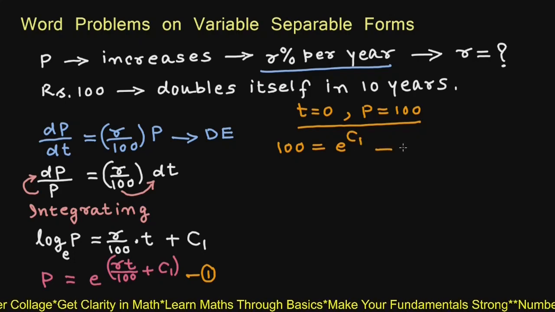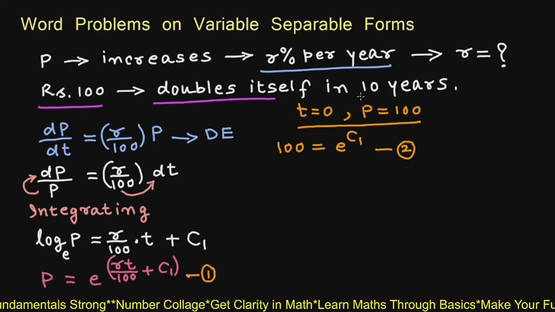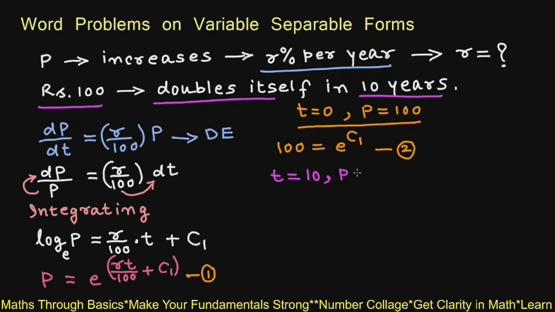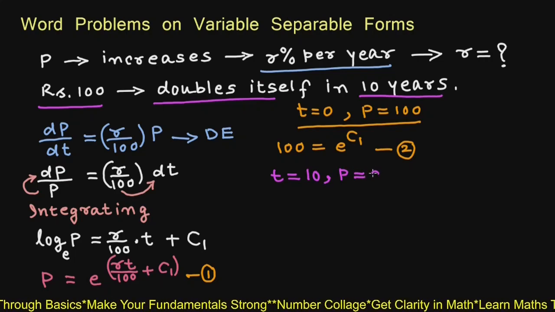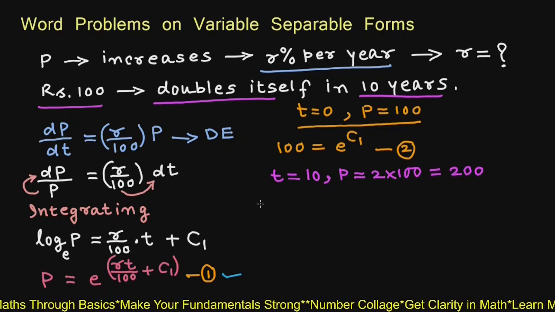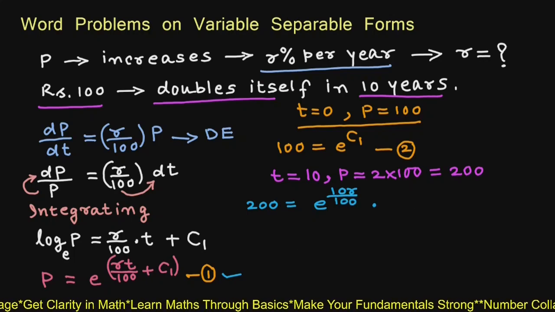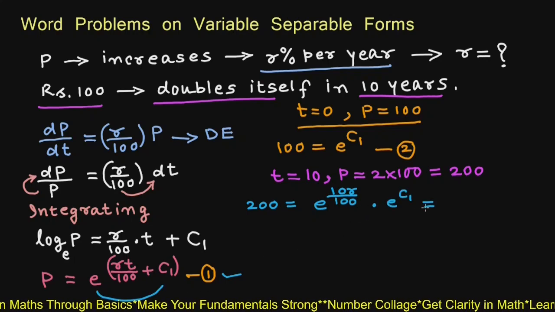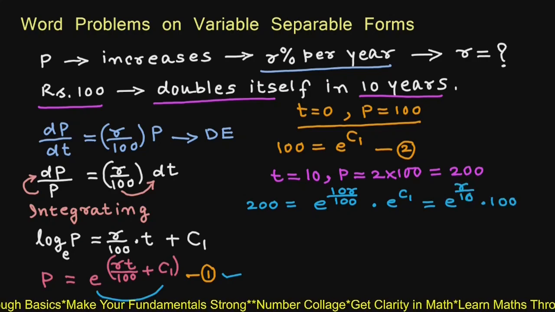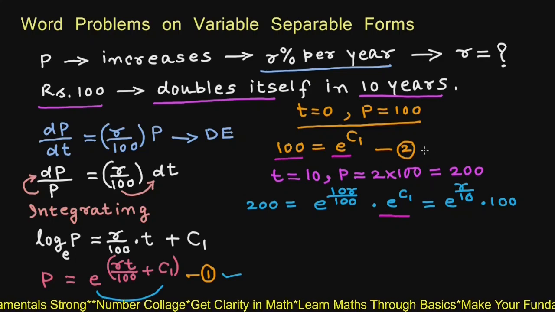We name this equation 2. It is given that rupees 100 doubles itself in 10 years, which means when t is 10, principal doubles, that means P equals 2 multiplied by 100, 200. So equation 1 becomes 200 equals e raised to 10R upon 100 into e raised to c1, which is e raised to R upon 10 into 100, because e raised to c1 is 100 according to equation 2.